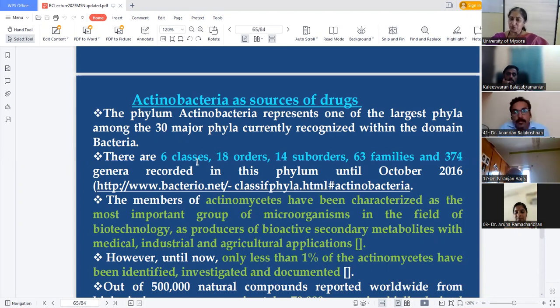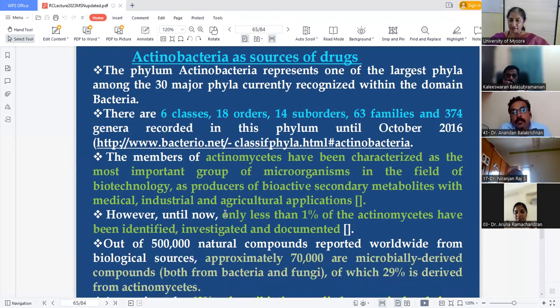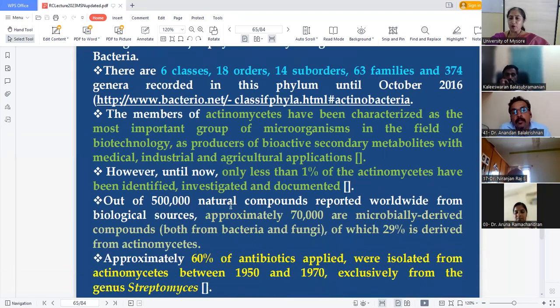So why actinobacteria? It's a phylum now. So in the classification, it is elevated from class to phylum Actinobacteria and includes 6 classes, 18 orders, 14 suborders, 63 families, and 374 genera as per this database. Okay, and they are prolific producers of antibiotics.